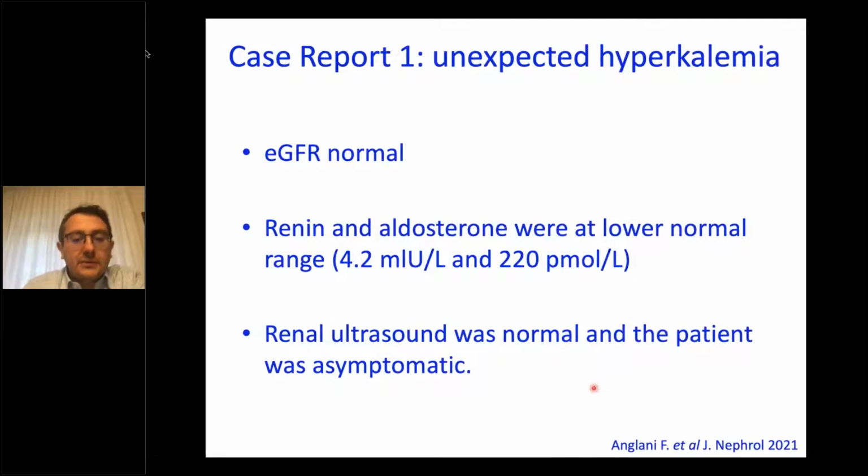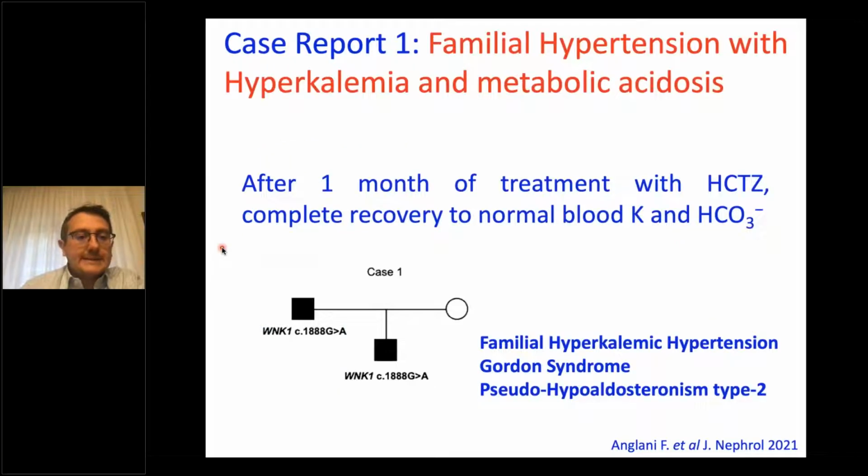He has a normal GFR actually, so we could exclude that the hypertension is due to renal failure. The renin and aldosterone were in the lower normal range, and the renal ultrasound excluded any abnormalities.